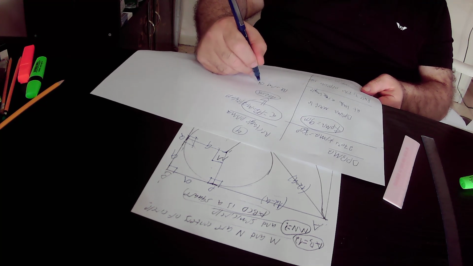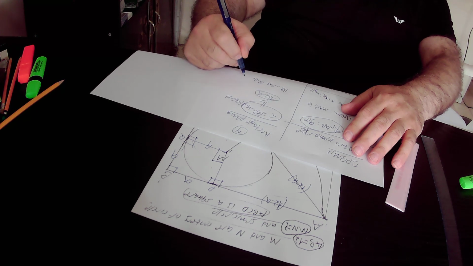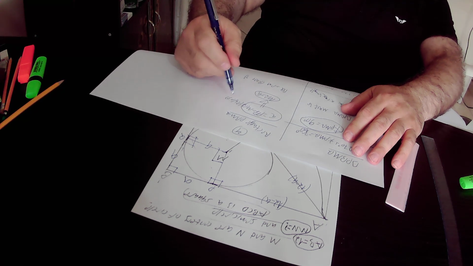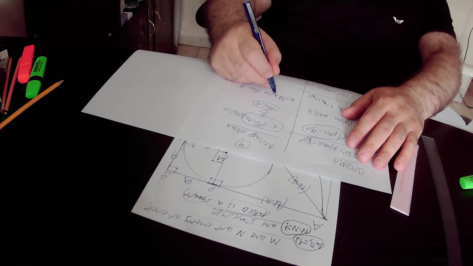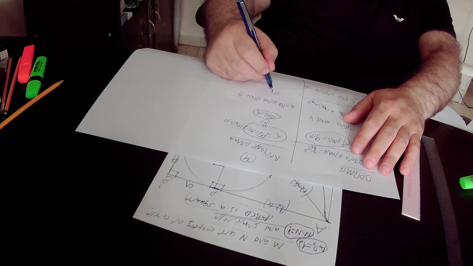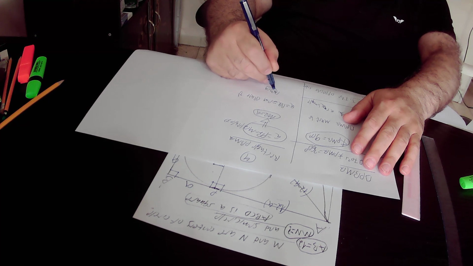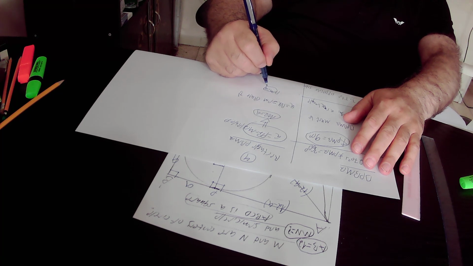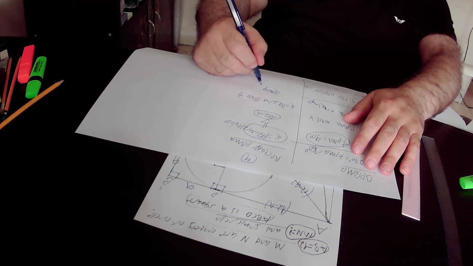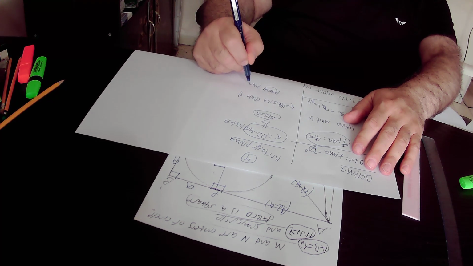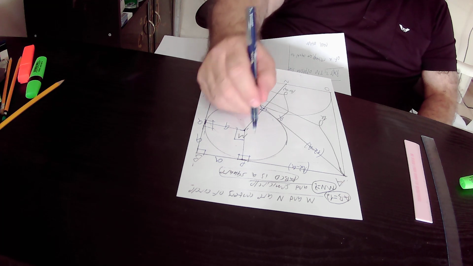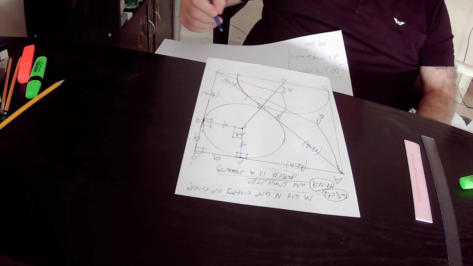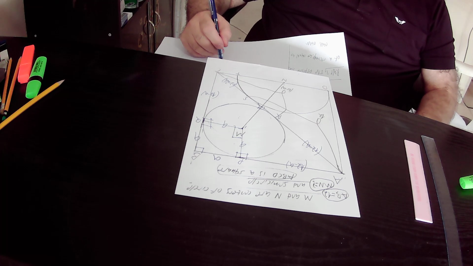But we've already found out that BQ equals A, so from the equation A equals BQ equals PM, we derive that PM is also equal to A. So from PM equals A, we found out that quadrilateral PBMQ is not just a rectangle but a square.